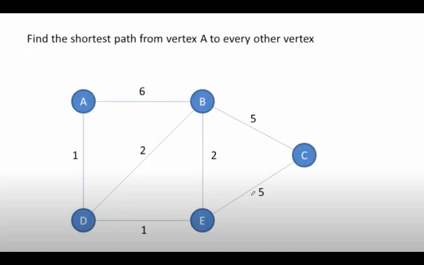Here cost is 7. So which one is minimum? This 7 is minimum. With the minimum cost, we need to reach the destination. Is it clear? Shortest path from one particular node to every other node in the given graph.